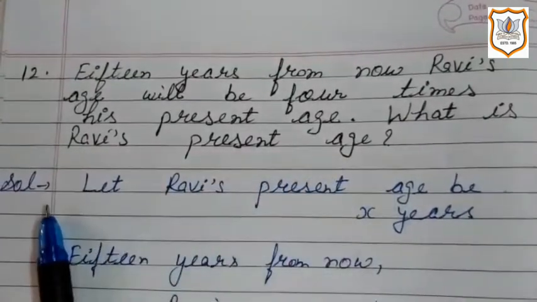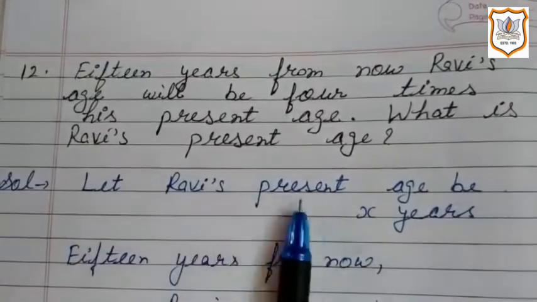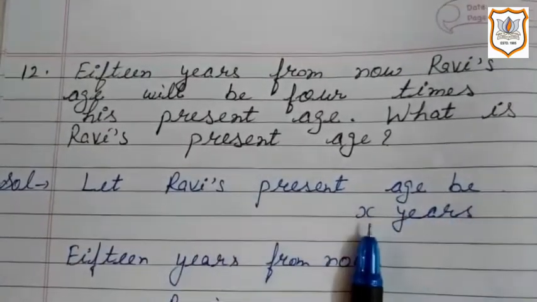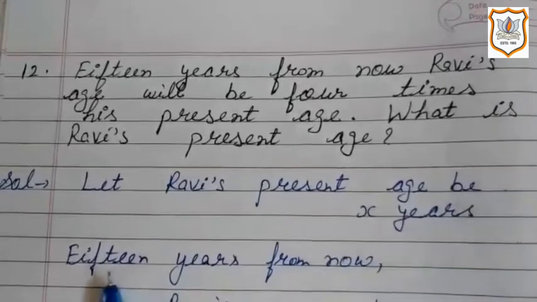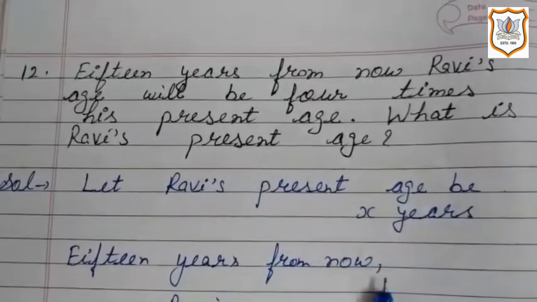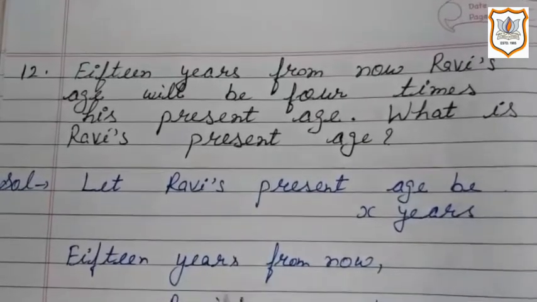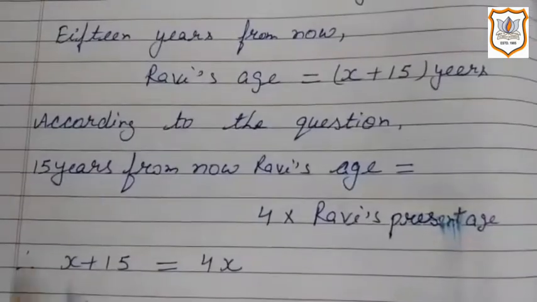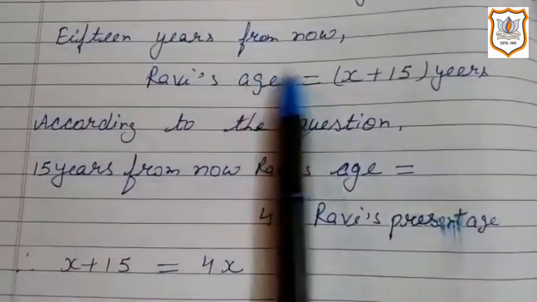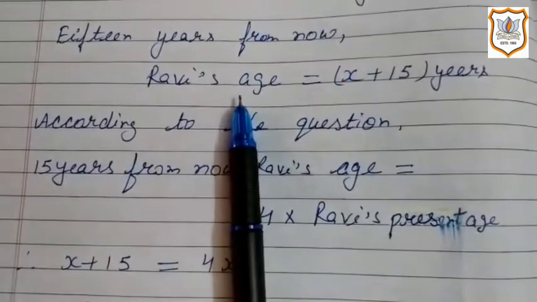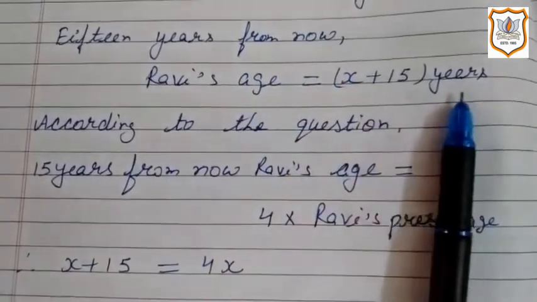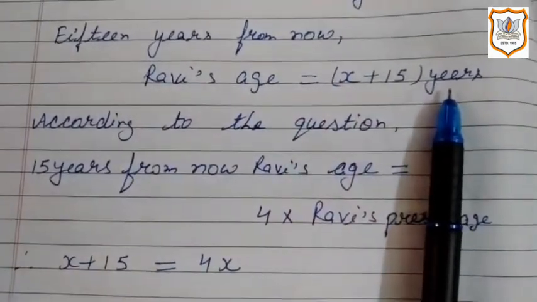Look at the solution. Let Ravi's present age be X years. Clear? 15 years from now means after 15 years, Ravi's age will become X plus 15 years. Clear?